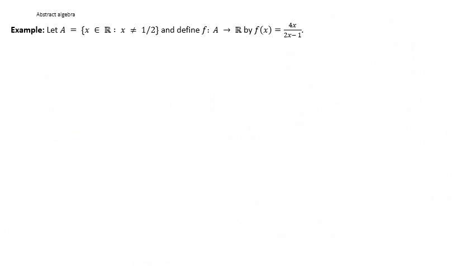Another example, say A equal to x belongs to R, x not equal to half. অর্থাৎ capital A is basically R minus half, set of all real numbers except half, and capital B is R. So we are defining a mapping f by f of x equal to 4x by 2x minus 1.